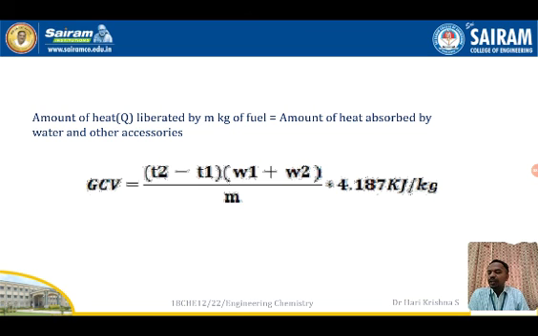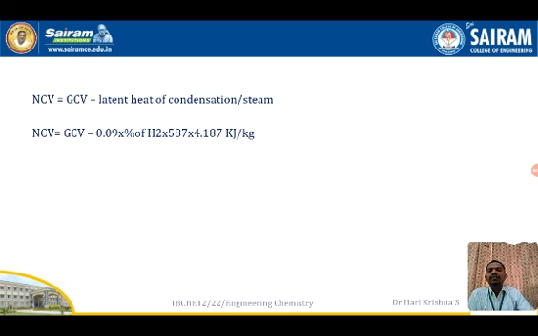Okay, now let us see NCV. How to determine NCV? NCV is given by GCV minus the latent heat of condensation. What is the latent heat of condensation? As discussed earlier, when 1 gram of water vapor is cooled to liquid water, 587 calories of heat is liberated. That is removed, but GCV contains that.